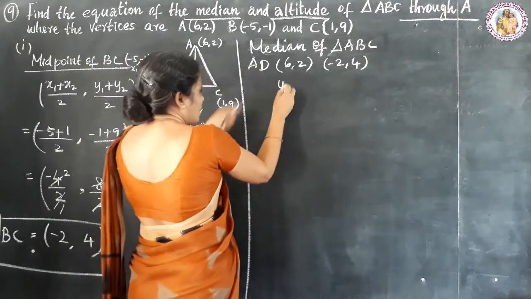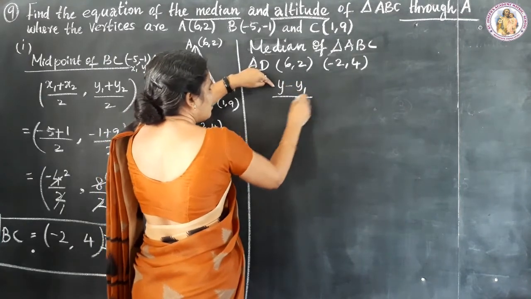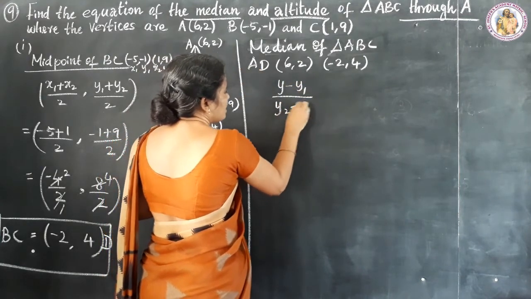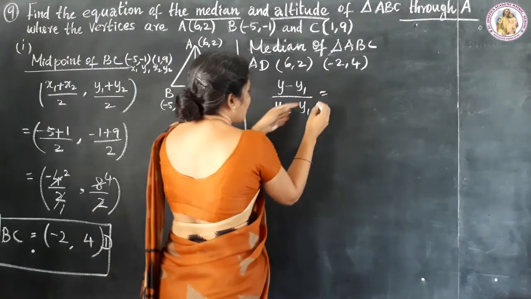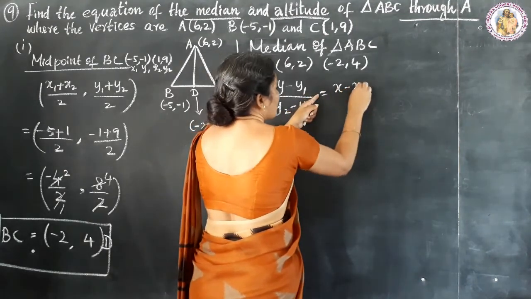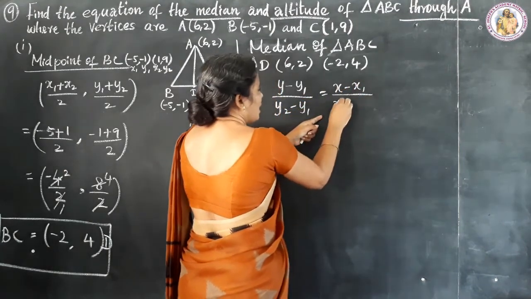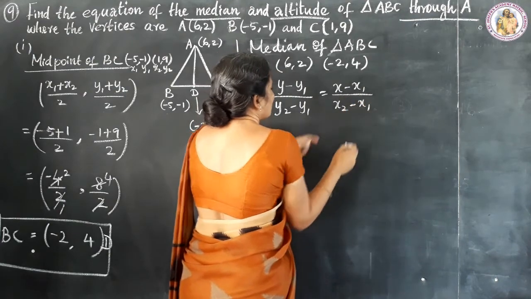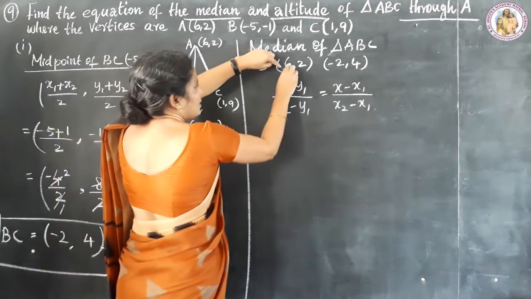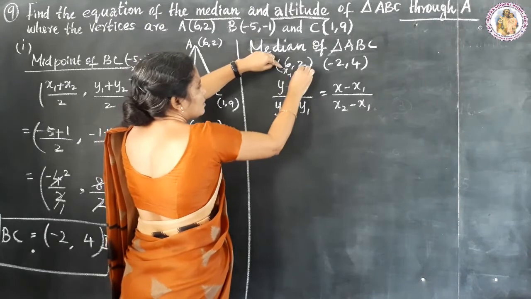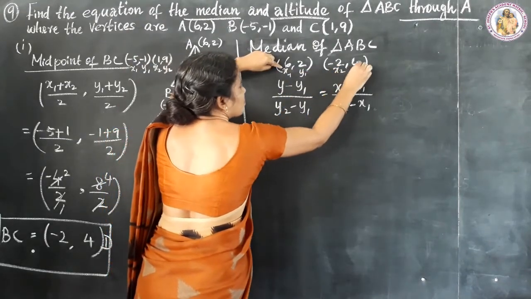Now (y minus y1) divided by (y2 minus y1) is equal to (x minus x1) divided by (x2 minus x1). Consider this as x1, y1, x2, y2.